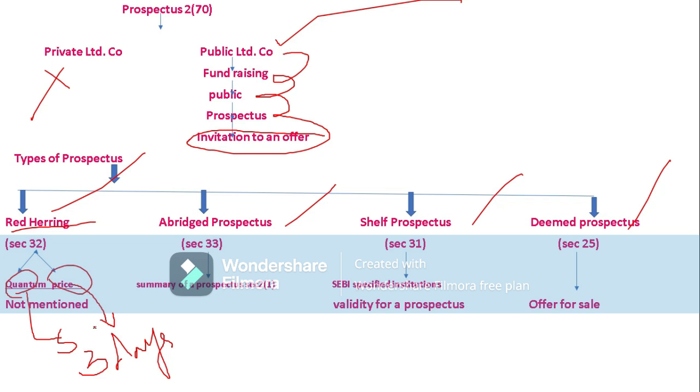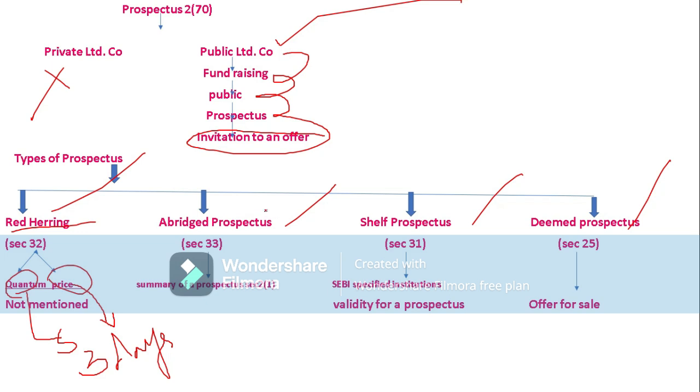Before, they had not given the quantum and price, but after subscription they have to file the complete details of the issue: how many shares they have issued and what the price of the share is. These are filed with the registrar and SEBI, because both are regulatory bodies of the company, and they have to follow the SEBI regulations. So this is about the red herring prospectus.